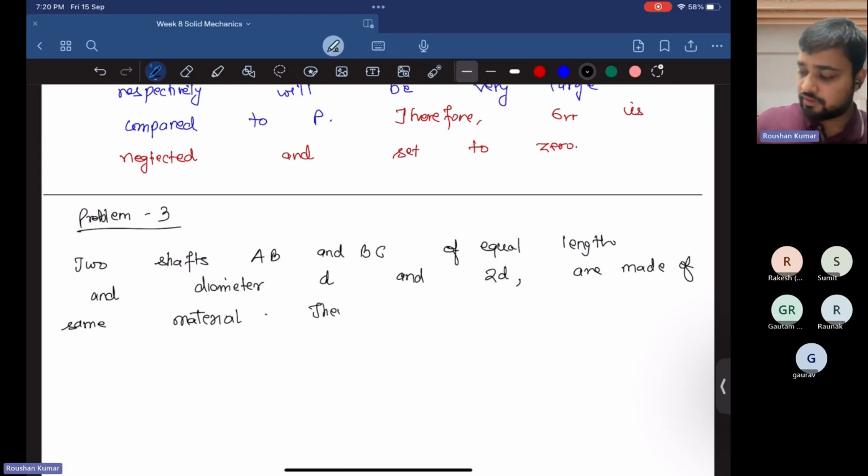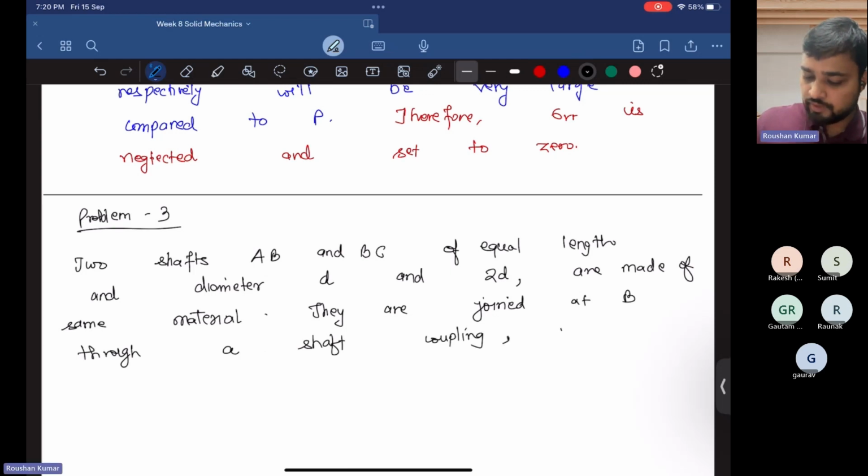They are joined at B through a shaft coupling, while the ends A and C are built in, cantilevered.